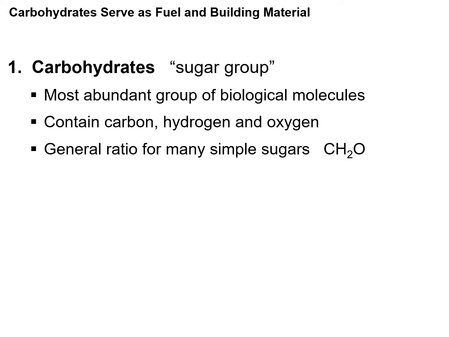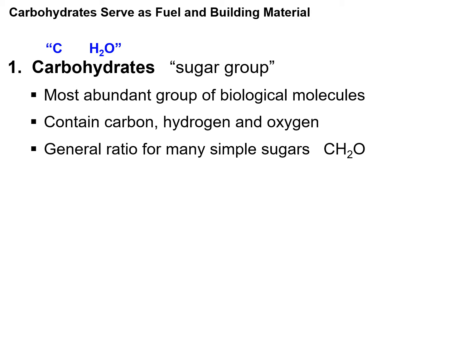The prefix carbo refers to the element carbon, while hydrate refers to water. So consider the general ratio again, and it is a carbon attached to a water. So the odd name of carbohydrate is reflective of the general ratio that many simple sugars will follow.